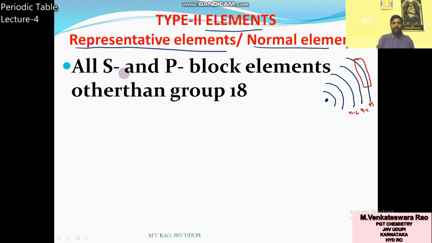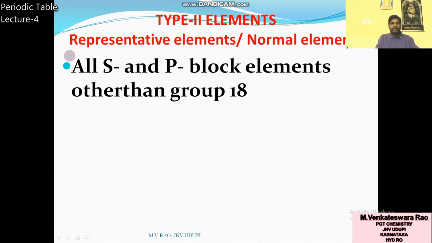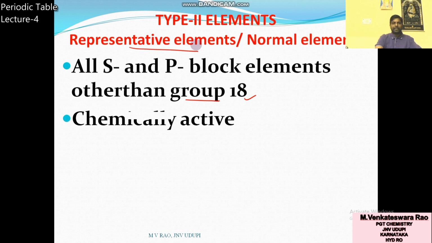Representative elements are all S and P block elements other than group 18. Already group 18 is covered in type 1 elements. Type 2 elements are representative or normal elements. All S and P block elements other than group 18 are representative elements.